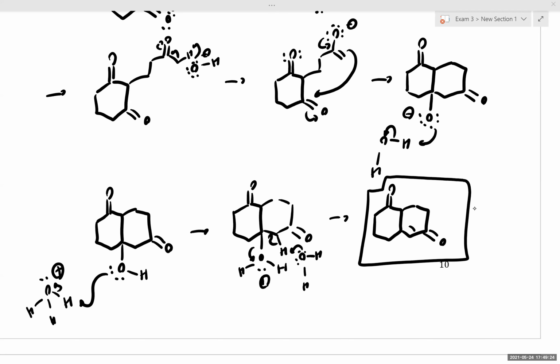Yeah, you could see some of the other enone product, though the bridgehead hydrogens are a little bit harder to remove, and there are more limitations in terms of what arrangements would give a productive E2 reaction. Did that answer your question? Okay, let's keep going then.